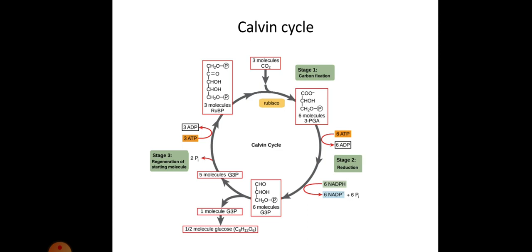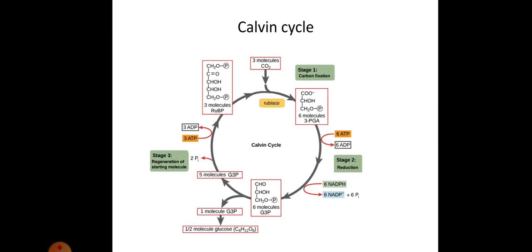So it's called reduction stage because NADPH molecules will lose electrons and protons for converting the molecules of PGA into 6 molecules of G3P. Again, these ATP molecules and these NADPH molecules were produced during the light-dependent reactions.